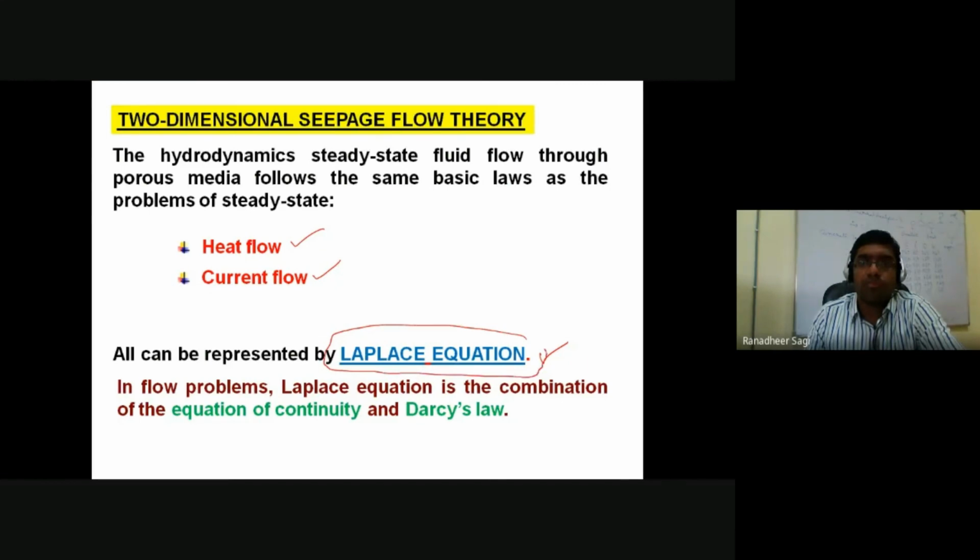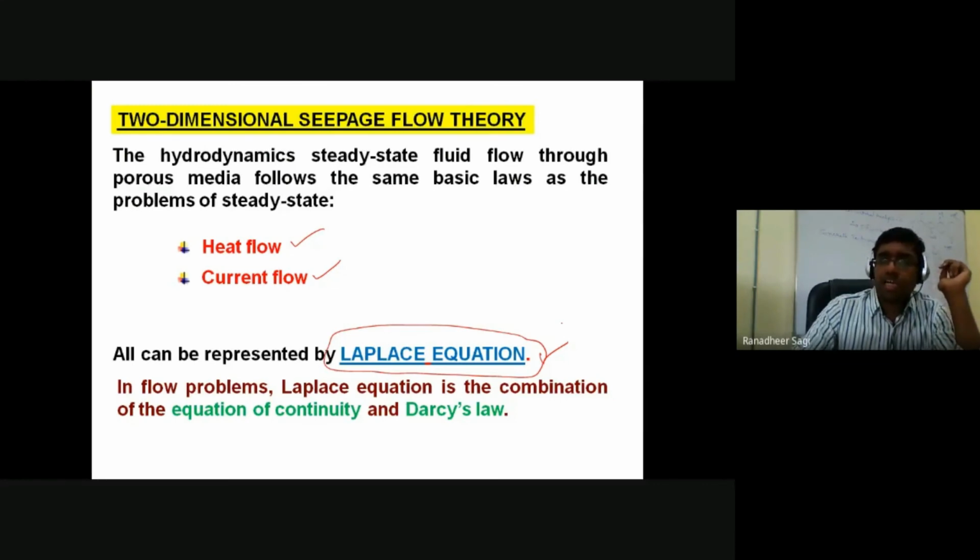We are going to look at how to get a Laplace equation for this particular two-dimensional flow condition, and by solving that Laplace equation, we try to understand how much flow is happening through the cross section of the structure, a hydraulic structure we are looking at, or from the bottom of the hydraulic structure, and what is the quantity of seepage or flow rate in that particular problem. In flow problems, the Laplace equation is the combination of the continuity equation and Darcy's law.